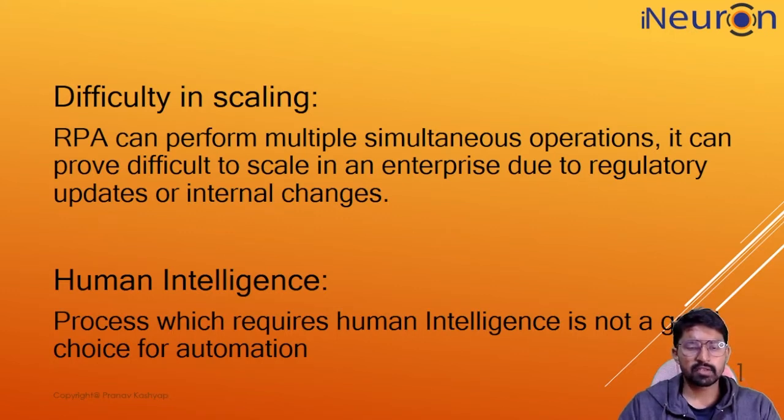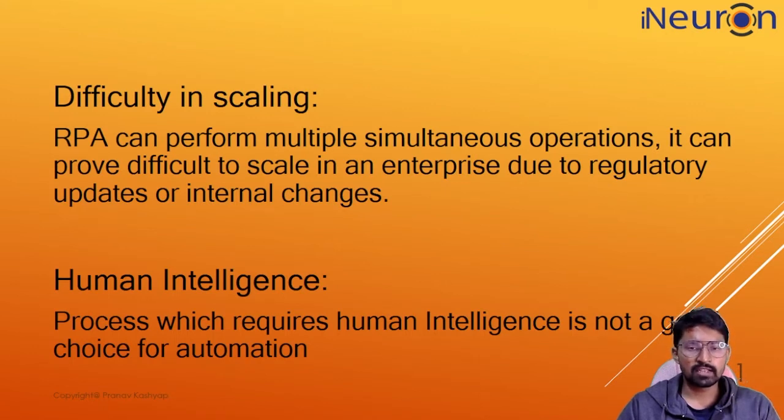Suppose your process has been selected and you successfully delivered the project, but after 2-3 months there is an update in your application, and since you accepted the update, there are some changes in the user interface. Now the bot is not able to recognize those elements. That becomes a difficulty in existing projects that are being done through bots.